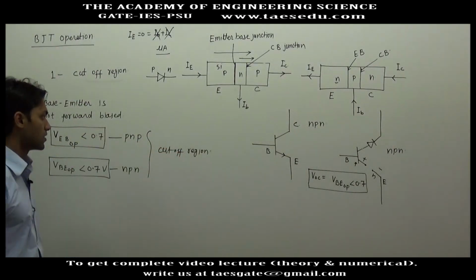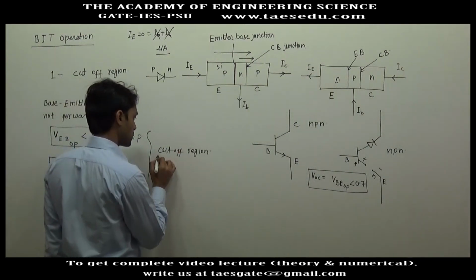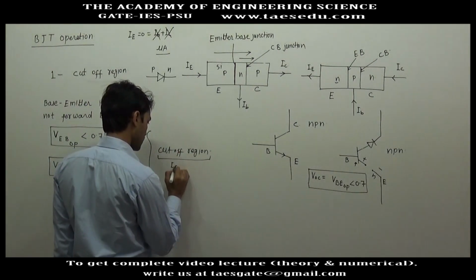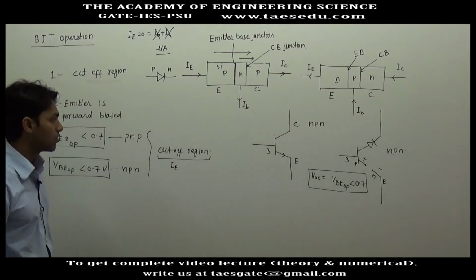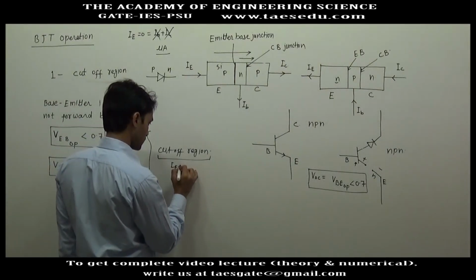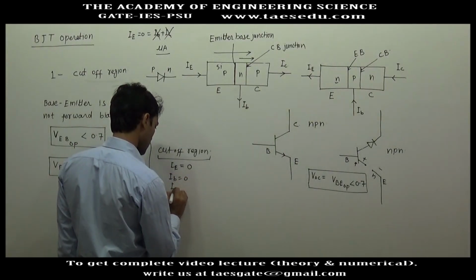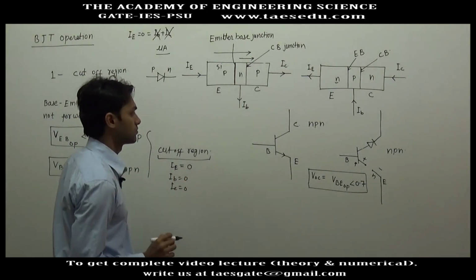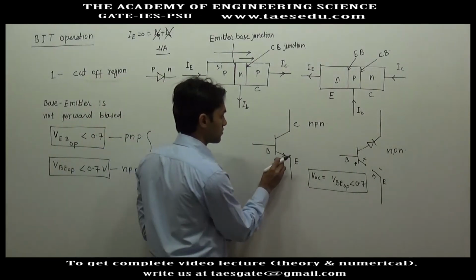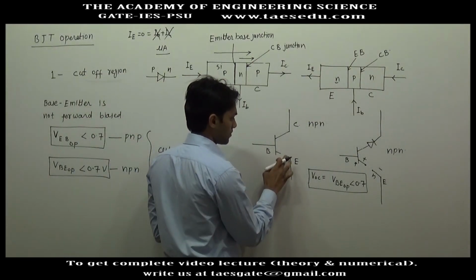And in case of cutoff region, there will be no current. The transistor will be completely off. IE equal to 0, IB equal to 0, and IC equal to 0. If IE is 0, this will be open circuited.